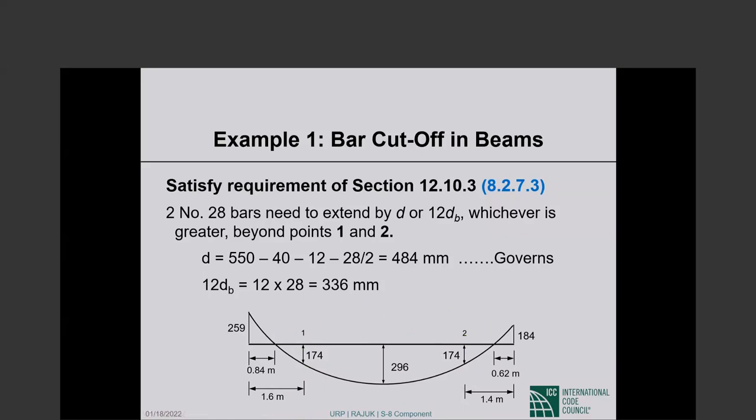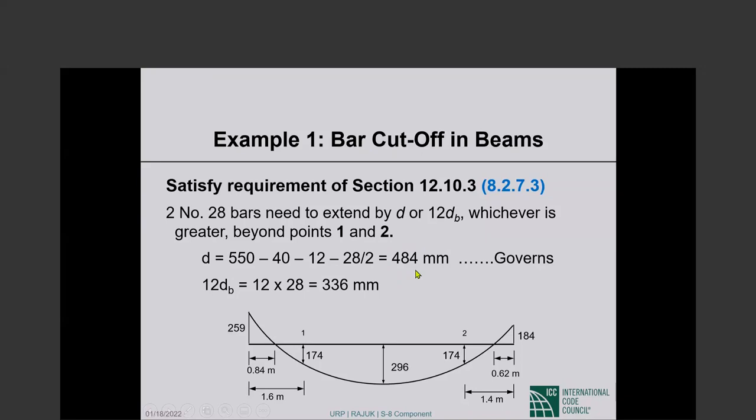But we have to go beyond the theoretical point of cutoff by 12 bar diameters or the effective depth. The effective depth is calculated at 484 millimeters. 12 bar diameter is 336. So the 484 millimeter governs.